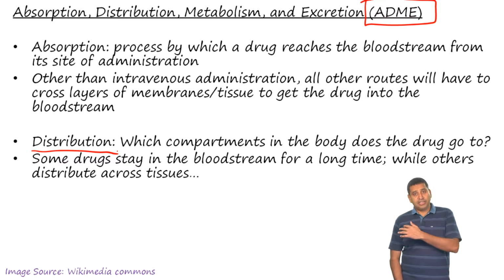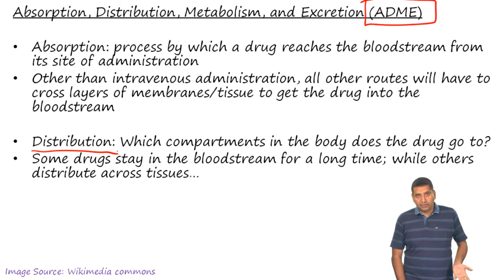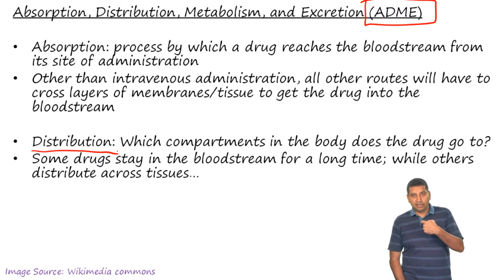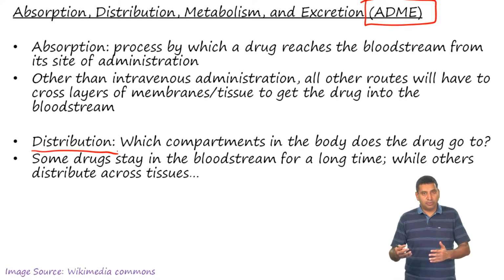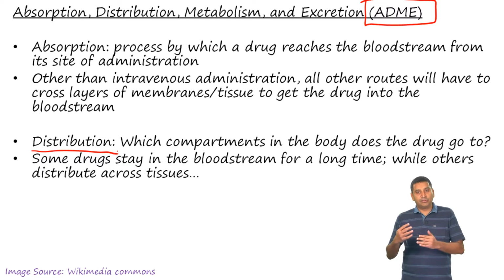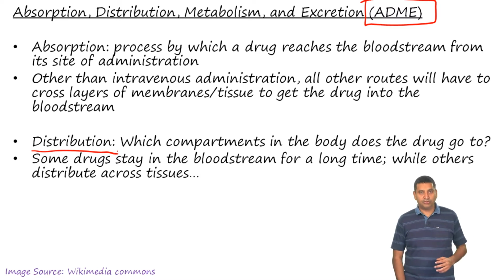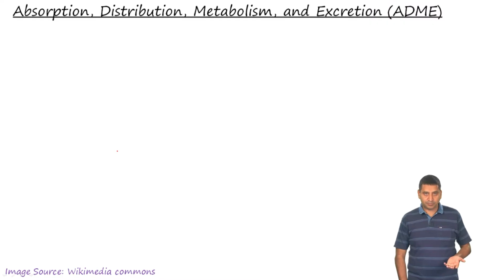Some drugs will stay in the bloodstream for a very long time, whereas others will preferentially distribute into the fatty layer. This is important to optimize, because once we get a compound into the clinic, there is a large variation among patients, in the size of the person and other parameters about the individual. So, optimizing for distribution is very important.